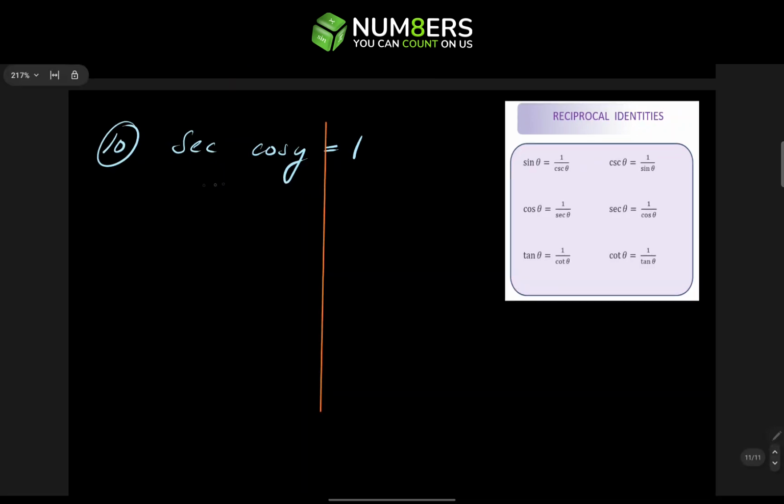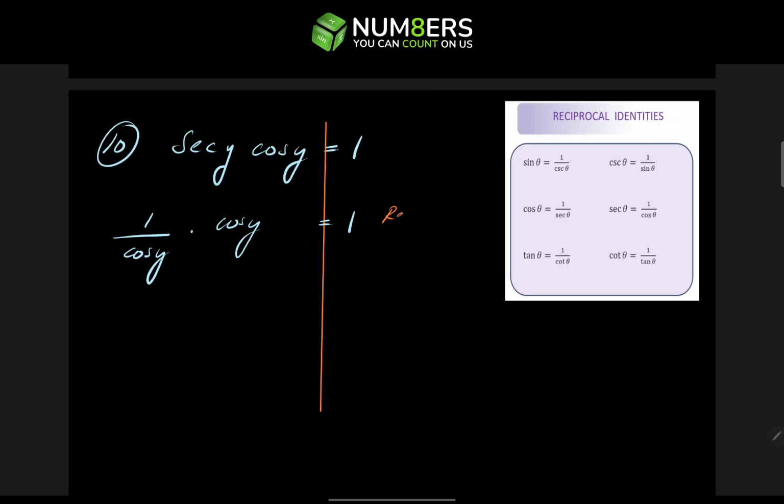So for secant of y, why did it erase? Don't want it to erase. For the secant of y, I'm going to use secant is 1 over cosine. So we write secant of y is 1 over cosine of y times cosine of y is equal to 1. Here we use a reciprocal identity, which is on the right side.